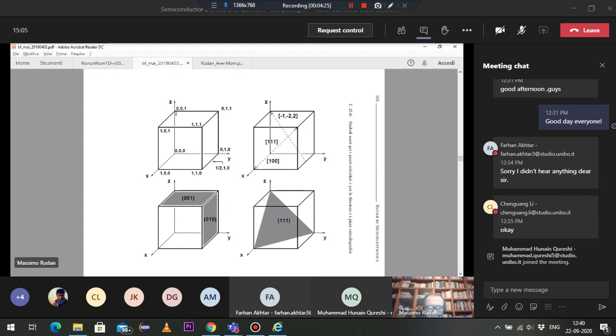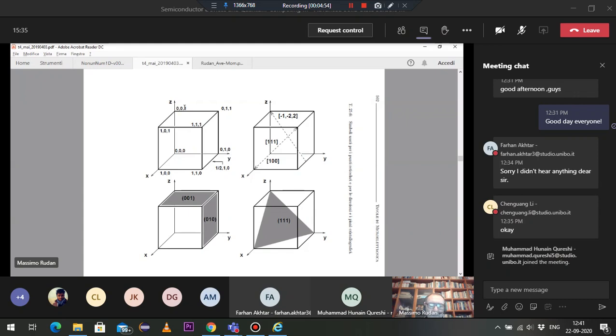What you do is you take the first coordinate of the second point, that is 0, and you subtract the first coordinate of the first point, that is 1/2. So you obtain minus 1/2. Then you take the second coordinate of the second point, 0, and subtract the second coordinate of the first point, so you obtain minus 1.